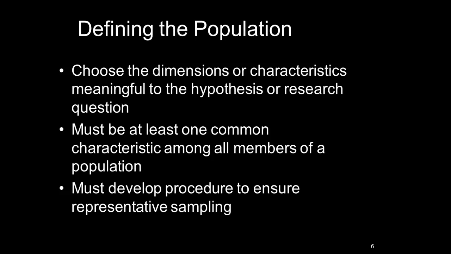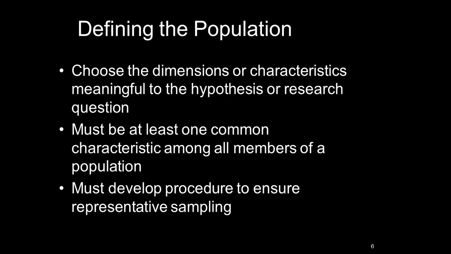So, defining the population. When it comes time to define your population, you want to choose those dimensions or characteristics of the population that relate back to your hypotheses or research question. Remember, everything that we do really focuses on addressing our hypotheses or research questions. We want to make sure that there is some sort of common characteristic among all of the members of the population.